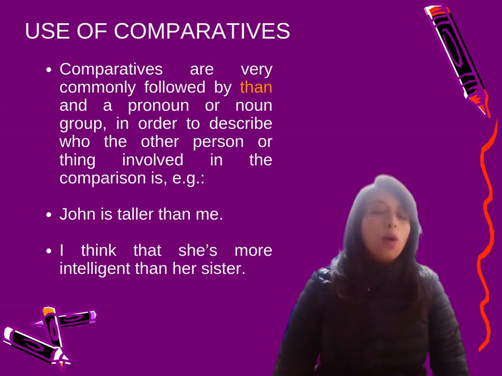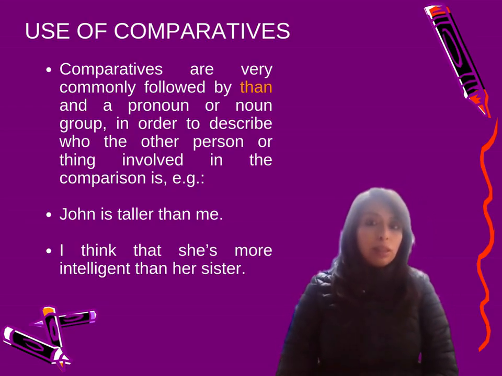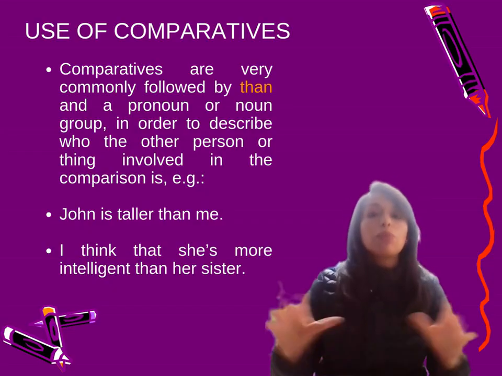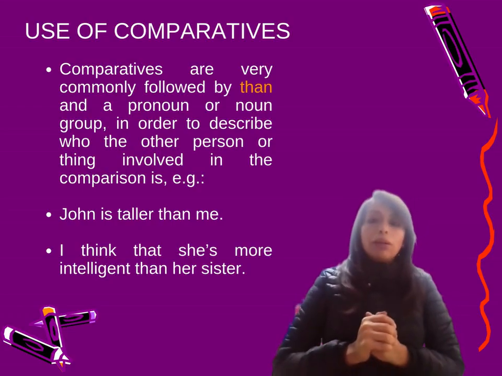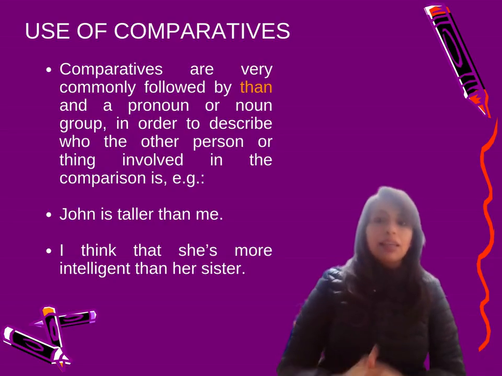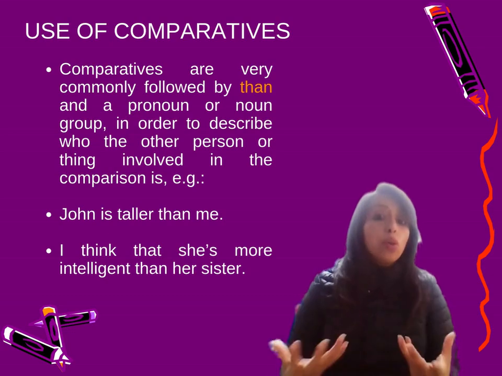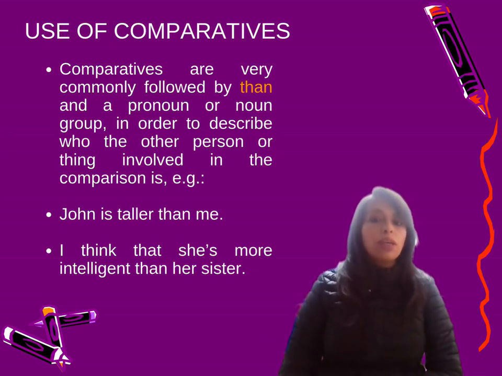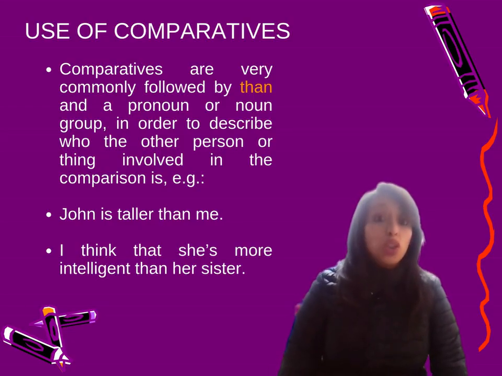Once you know how to apply the rules for comparatives and superlatives, now we are going to be more specific. When to use comparatives? Well, comparatives are very common, followed by than and a pronoun or noun group in order to describe who the other person or thing involved in the comparison is. For example, John is taller than me.